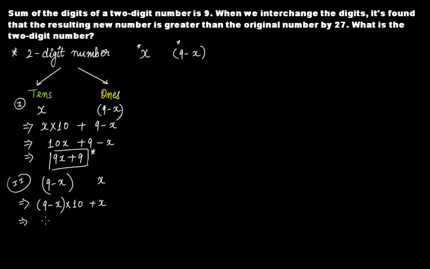You solve it, you get 90 minus 10x plus x, and your number will be 90 minus 9x. Okay, so we have these two cases here.